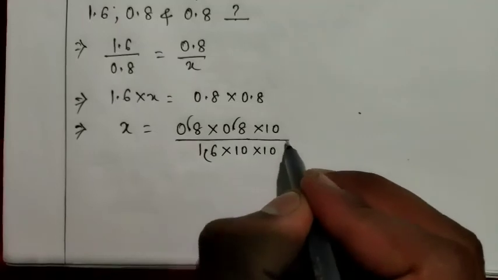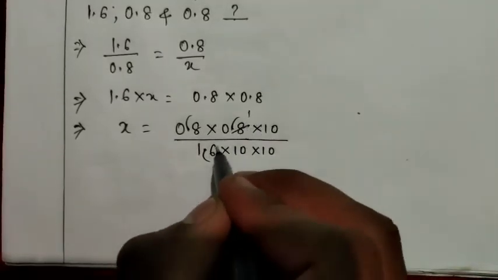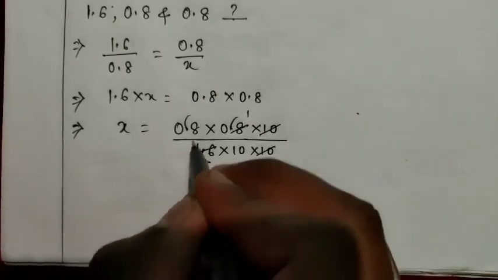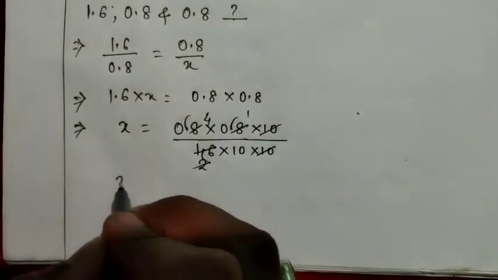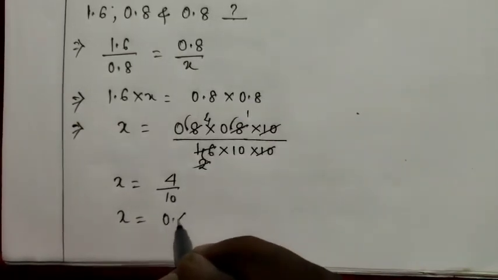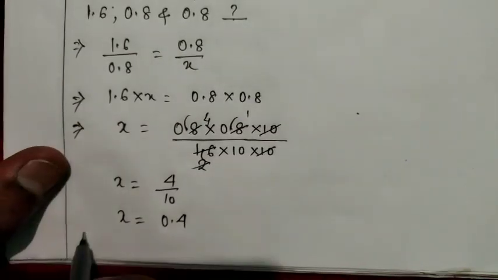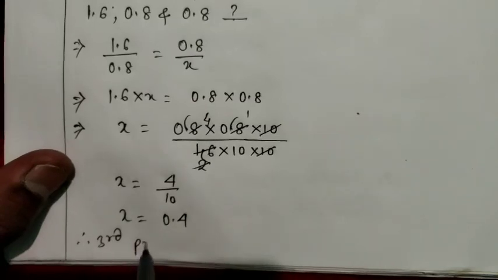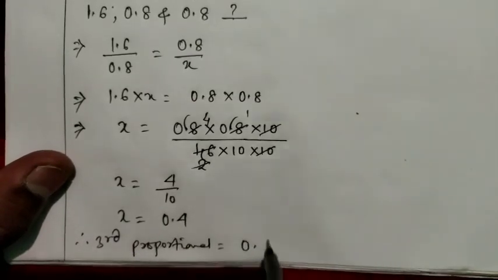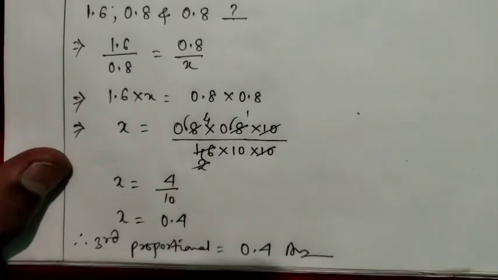We have removed all the points. 8 ones are 8, 8 twos are 16. This 10 cancels. 2 fours are 8. The value of x is 4 by 10, which will be equal to 0.4. Then we will write: therefore third proportional is equal to 0.4. This will be our answer.